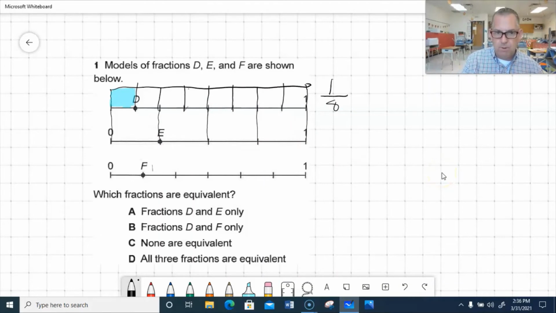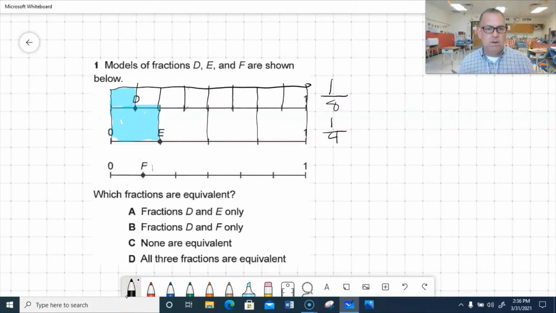So my denominator will be 4. And I would shade in all the way up to the E right there. And that would be 1/4.